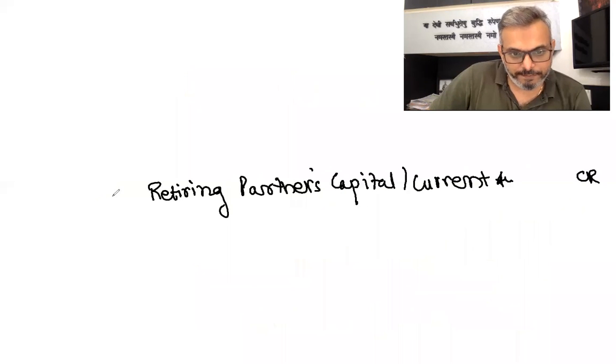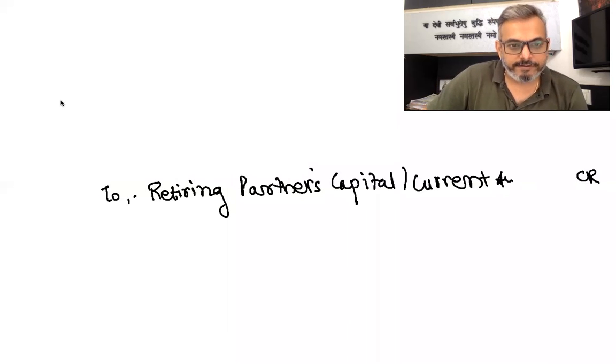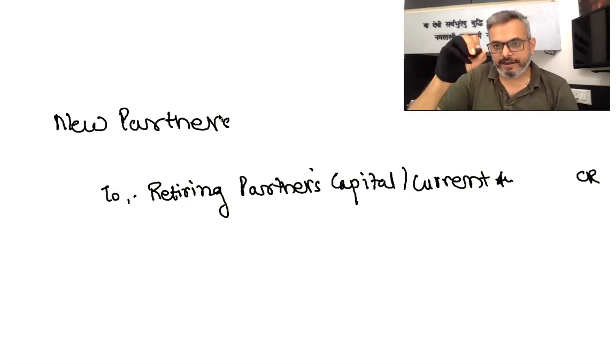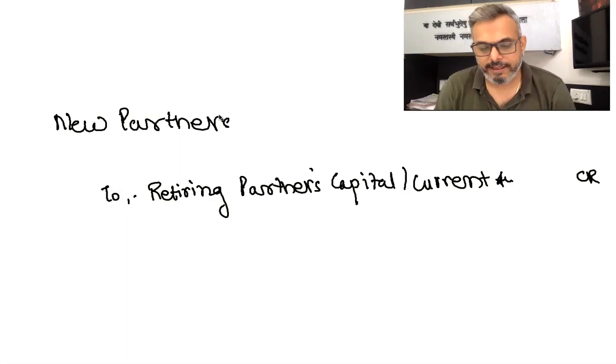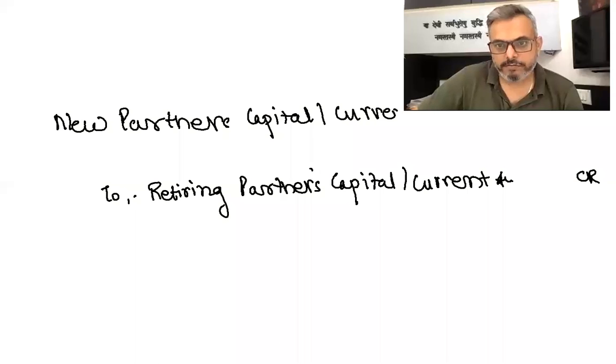So the partner who is retiring will be credited, and we are going to debit new partners, यानी उसके जाने के बाद जो नए पार्टनर्स रह गए हैं, सो न्यू पार्टनर्स, कैपिटल और करंट अकाउंट, we will debit them.